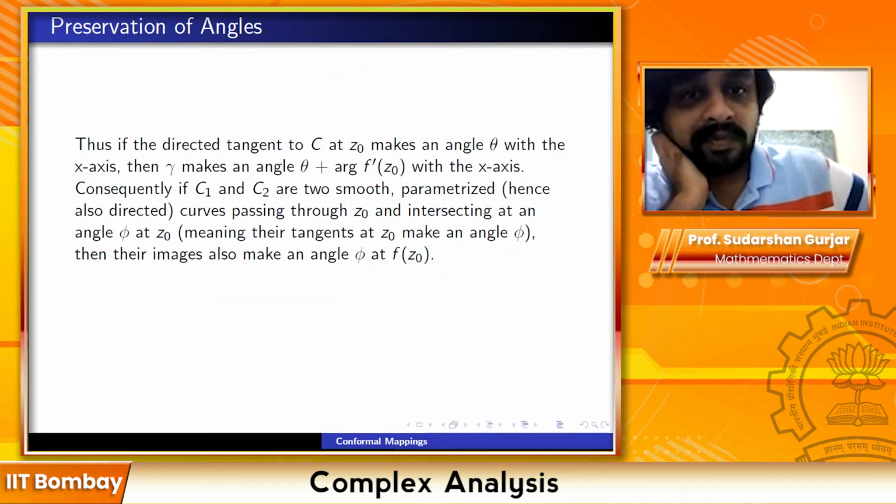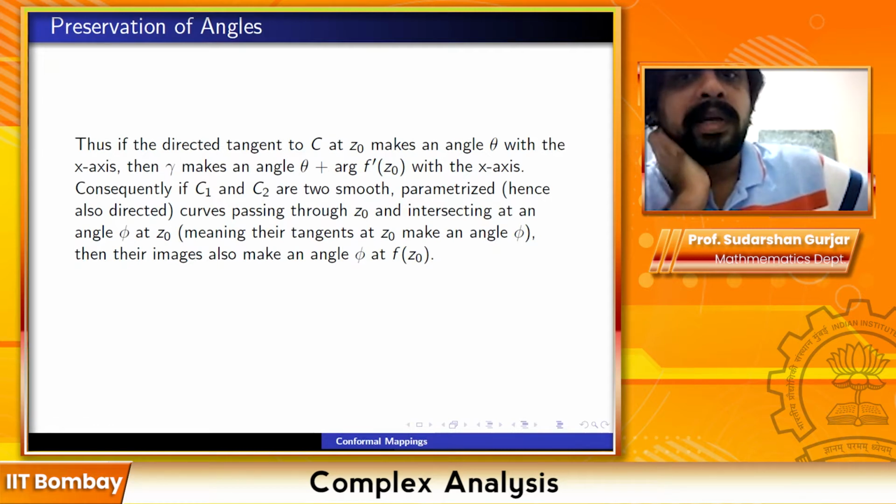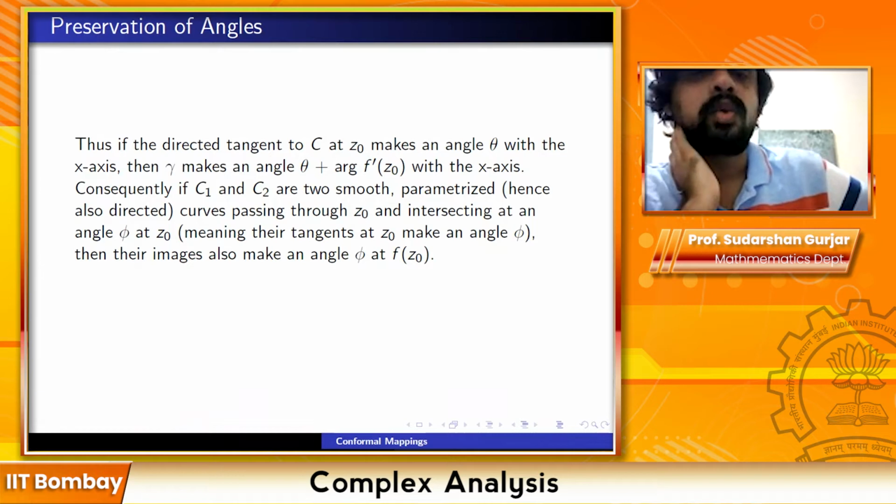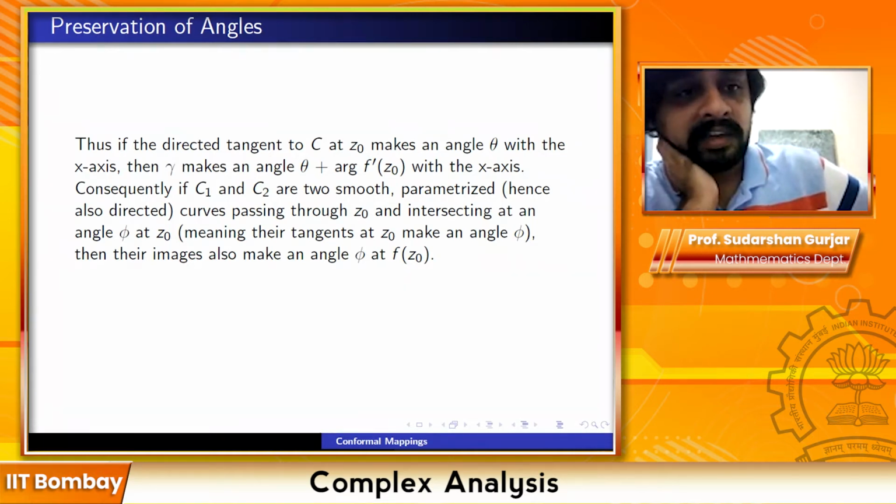Consequently, if C1 and C2 are two smooth parameterized, and hence also directed, curves passing through z0, intersecting at an angle phi at z0, meaning the tangents make an angle phi, then their images also make an angle phi at f of z0. This is because the extra term, argument of f prime z0, is the same for both C1 and C2, so that cancels when you take the difference.